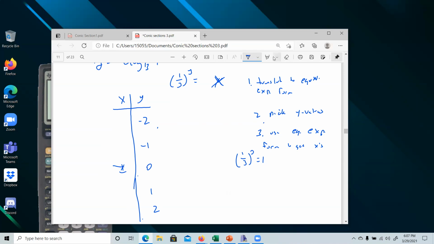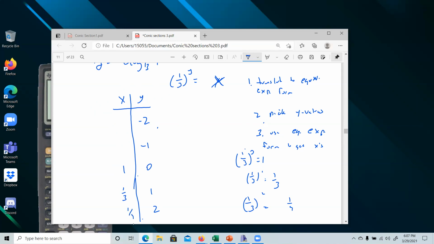Oops, come on, erase. All right, 1/3 raised to the 1 is 1/3. 1/3 raised to the 2 is 1/9.